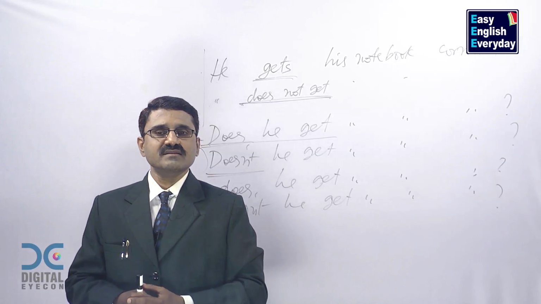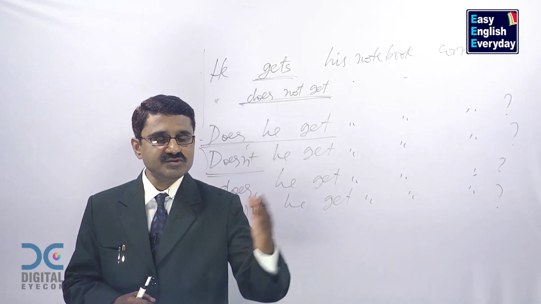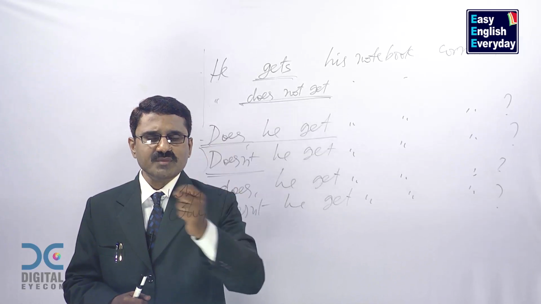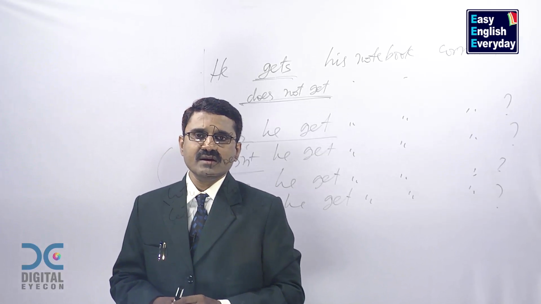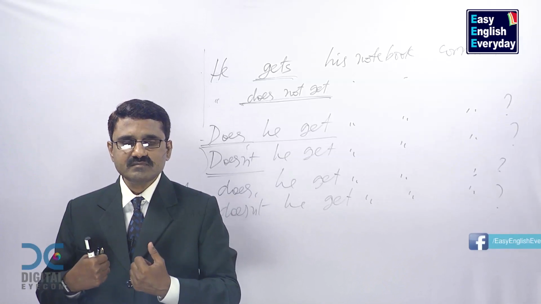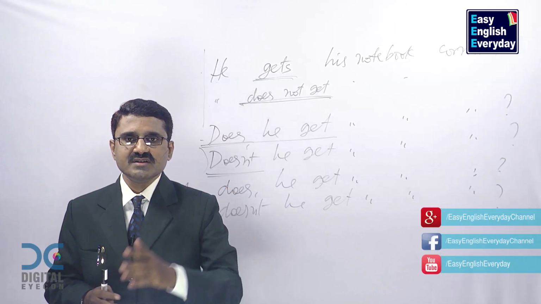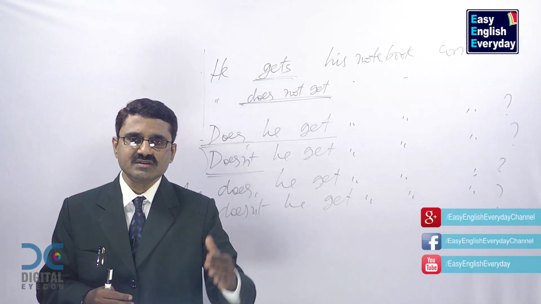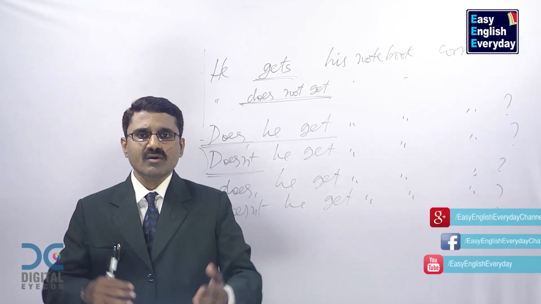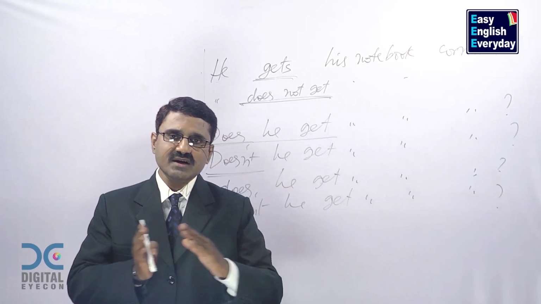In this way, these examples are going to help you in your day-to-day conversation. Because you observe your life very carefully, almost 50% of the actions are not done by us. We depend on some professionals, some technicians, some painters, doctors, engineers, lawyers. All actions are not done by us. Most of the actions are done by others.